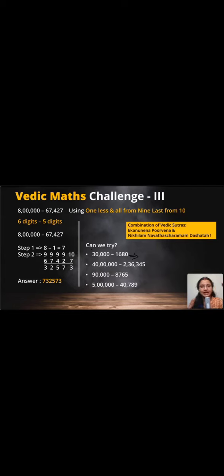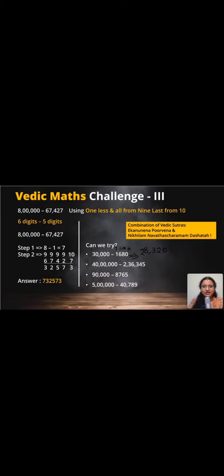We will start with Ekan Nunena, 3 minus 1, 2, followed by all from 9, last from 10, and then a 0, right? So it is 9 minus 1, 8, 9 minus 6 is 3, 10 minus 8 is 2, 0 minus 0 is 0. Perfectly the right answer. It is starting with 2, 28320 is perfectly the right answer.